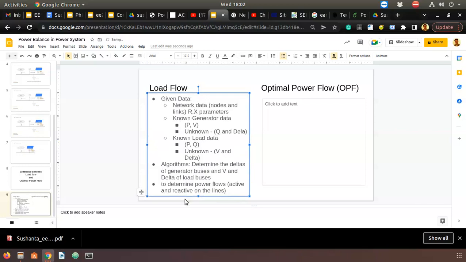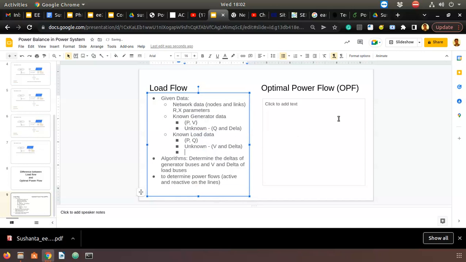Now, one small point we need to discuss, that is the other type of bus, the swing bus. There is a swing bus, right? Yes, sir. So what is that? Sir, that is a reference, delta we know in the swing bus.